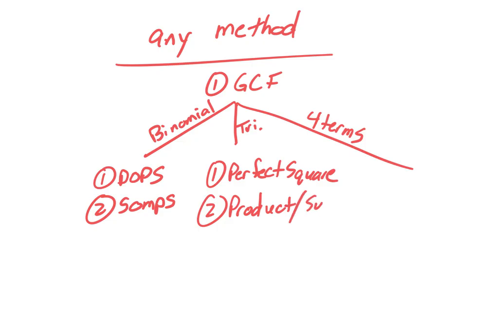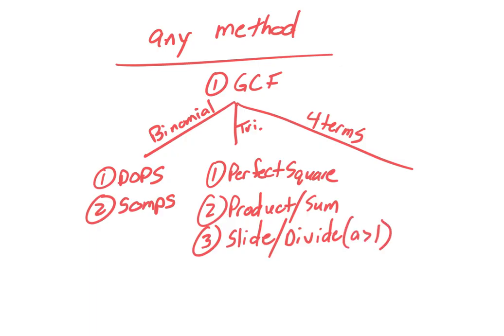Can I do product and sum? Or, if not, I may have to do slide and divide. And I'm going to do slide and divide if my a value is bigger than 1. My leading coefficient, the number in front of x squared, is some number bigger than 1. And that's what we saw yesterday.